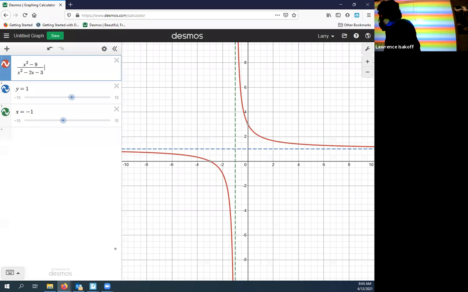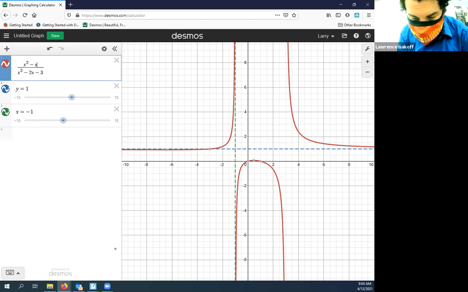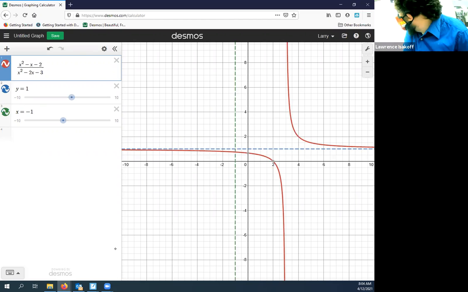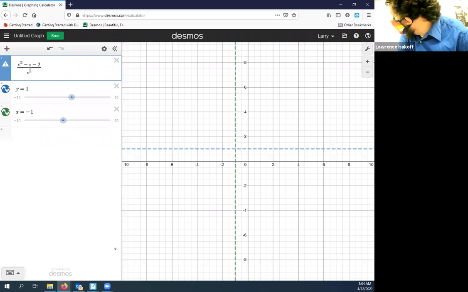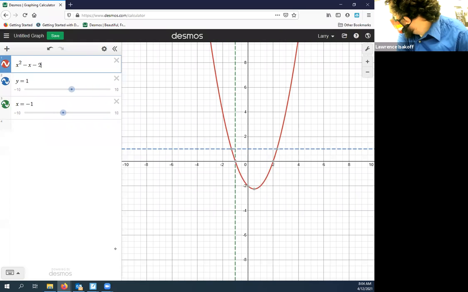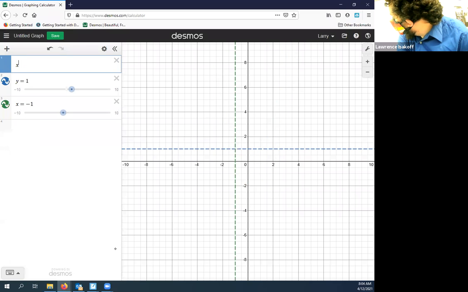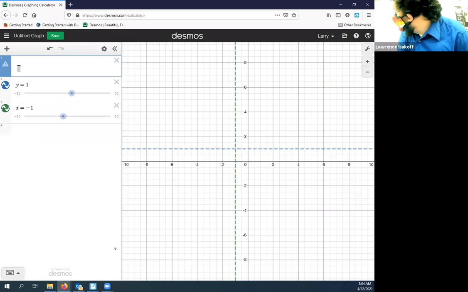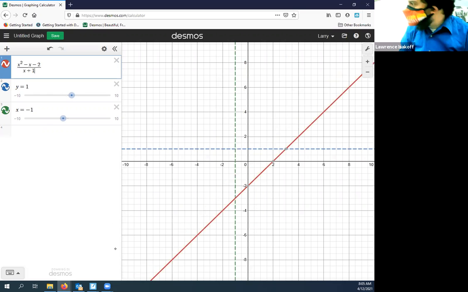So I get the original equation of the graph. X squared minus x minus 2, and then the bottom was just x. Okay, big fraction. X squared minus x minus 2 over x plus 1. No, x minus 1, sorry.